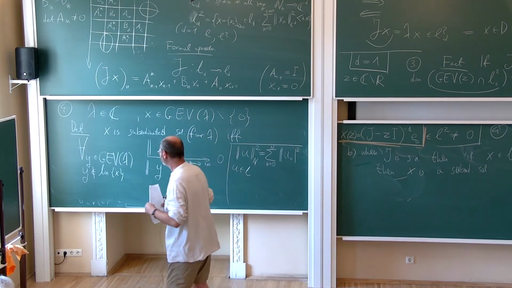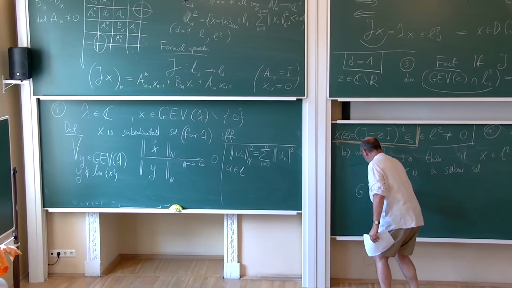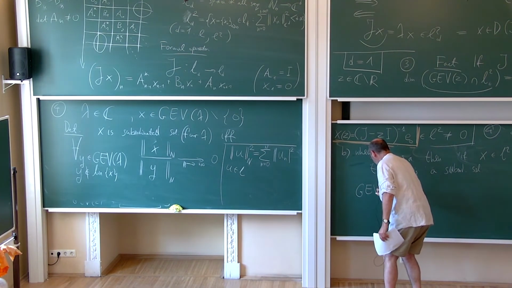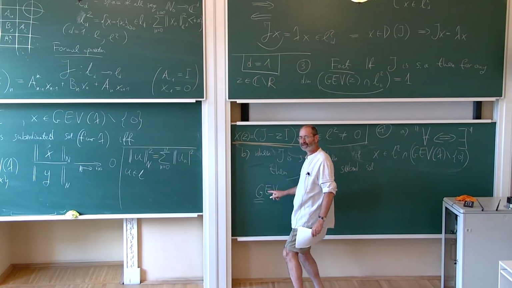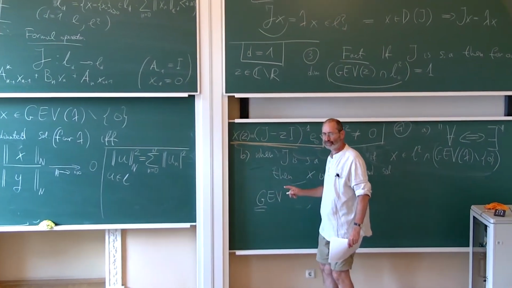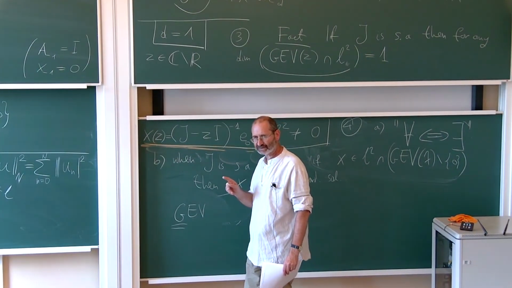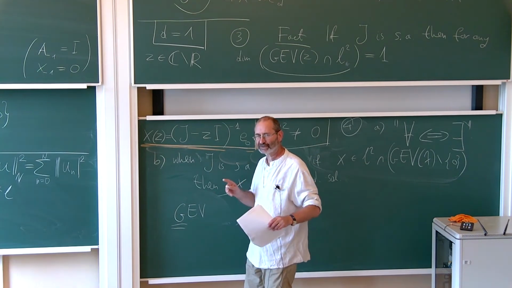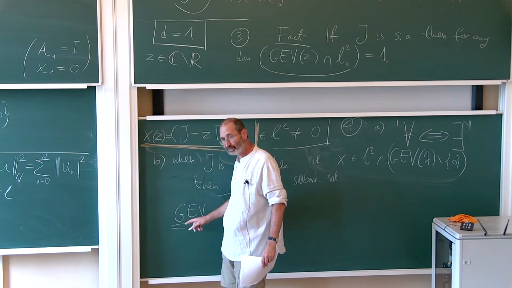They are generalized; these are not eigenvectors. These are only sequences, which usually are not in the space. They do not usually belong to the Hilbert space.